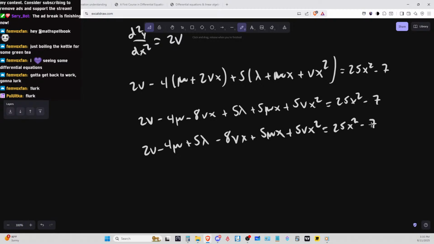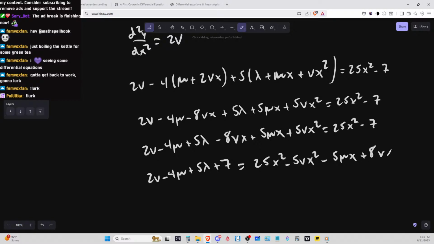Okay. Now, time to put the x's together. So I think we'll put plus 7 here, and then we'll have 25 nu x squared minus 5 mu x, and then plus 8 mu.